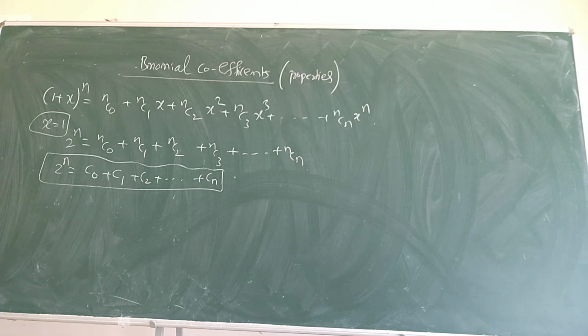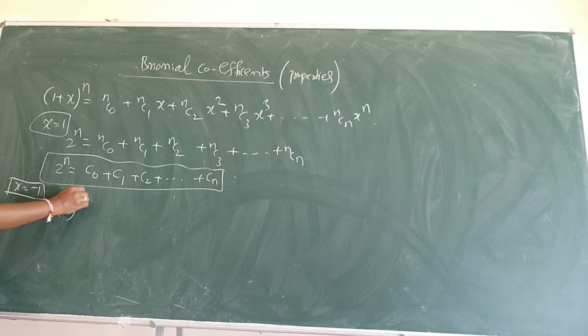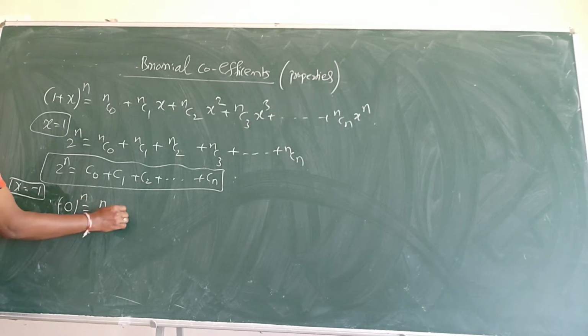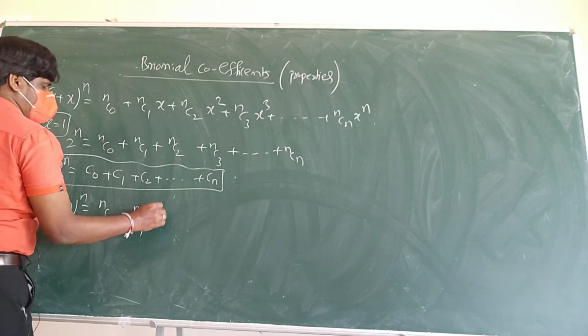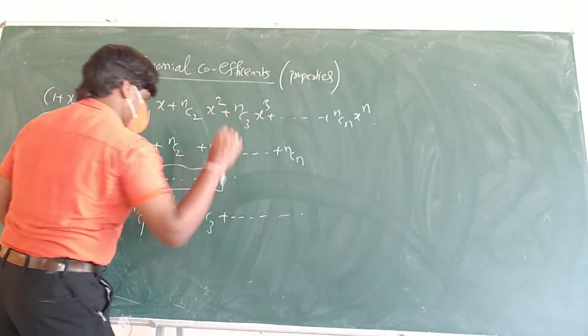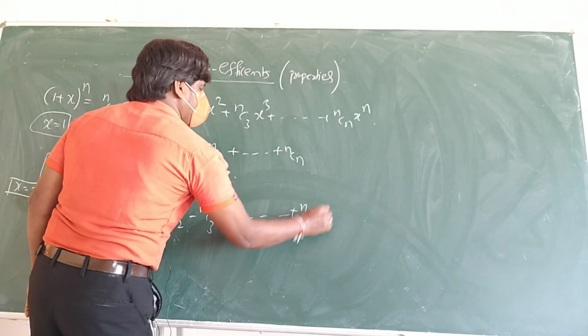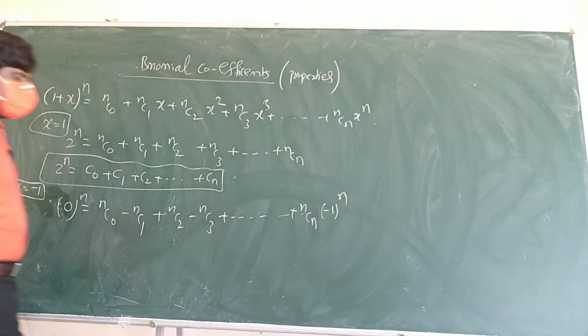This I already explained yesterday. Then after that, for the expansion of (1 + x) to the power n, if I substitute x equal to minus 1, what am I going to get? 1 minus 1 is 0, so 0 to the power n is equal to nC0 minus nC1 + nC2 minus nC3 and so on, finally ending with (minus 1) to the power n times nCn.